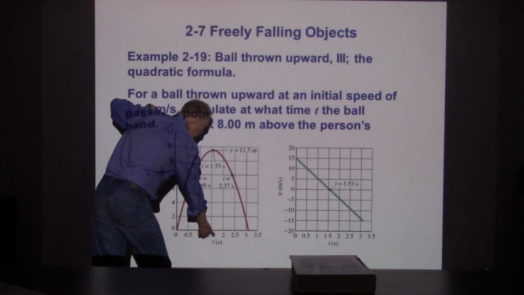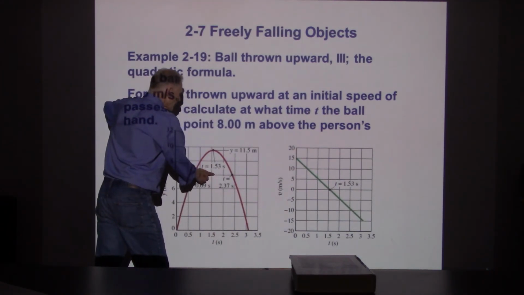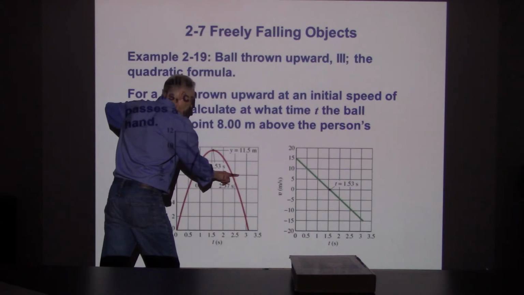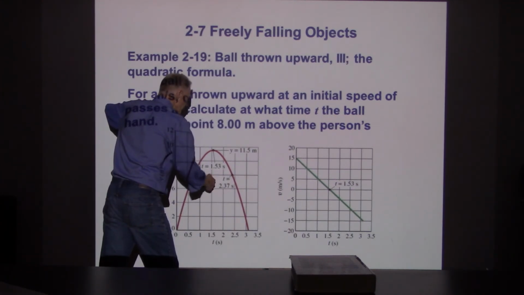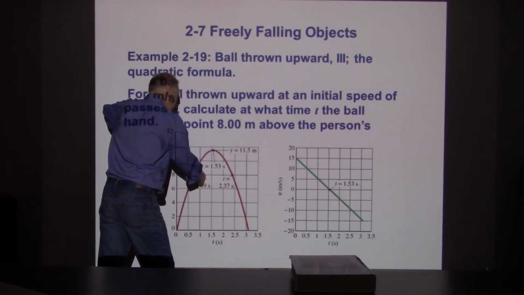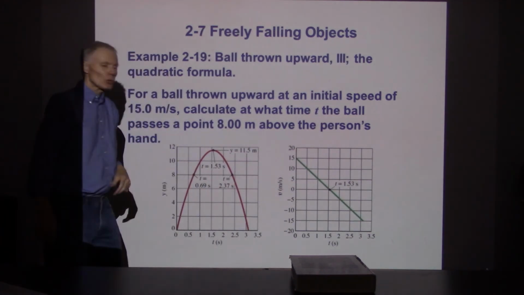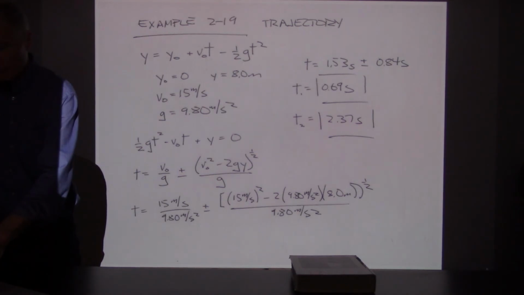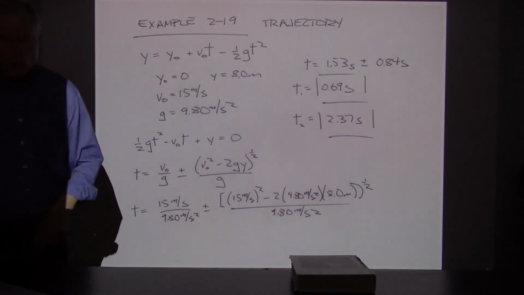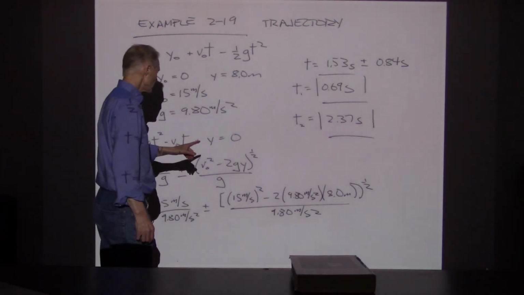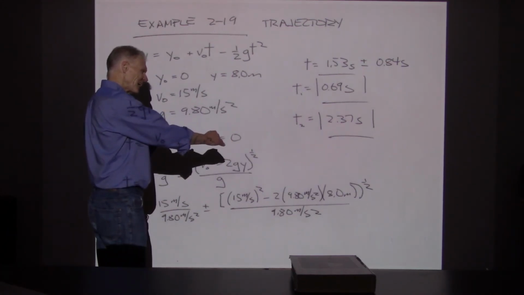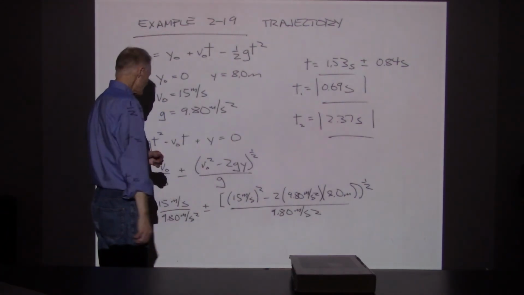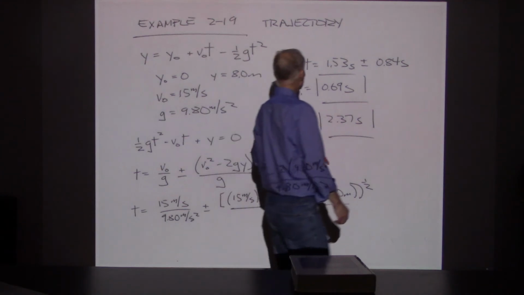So this is the 1.5 seconds, and then if I use the plus, I get this solution. If I use the minus sign from the quadratic, I get this one. So the two solutions can be looked at that way. You're still going to have to get all the numbers put in and make sure that you can successfully use your calculator to get these numbers.